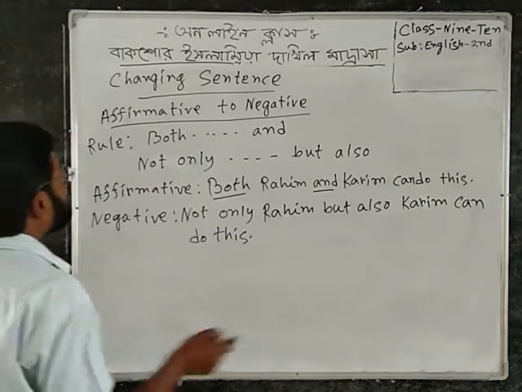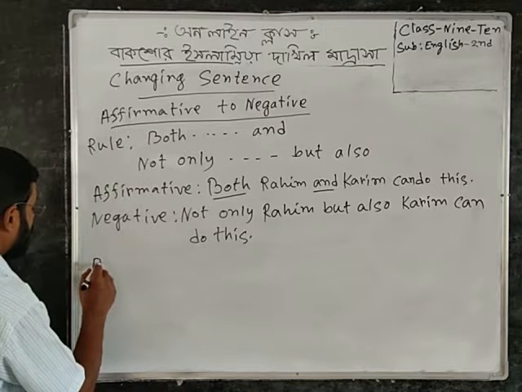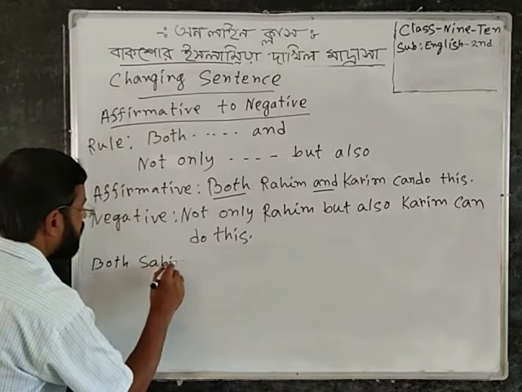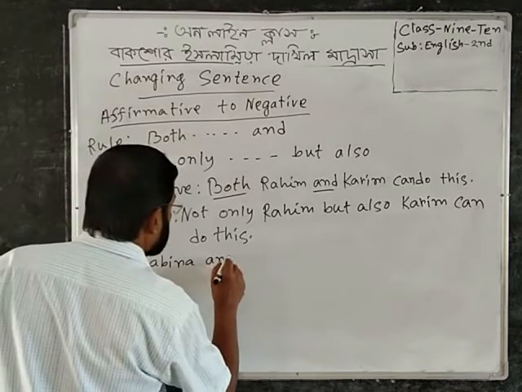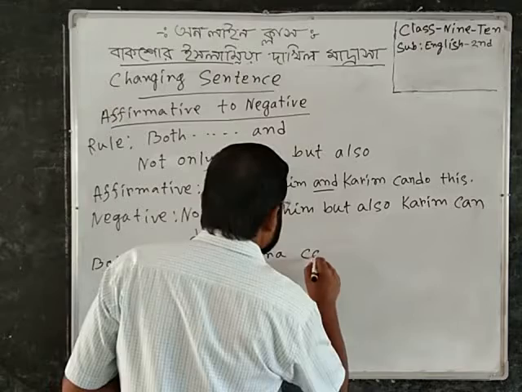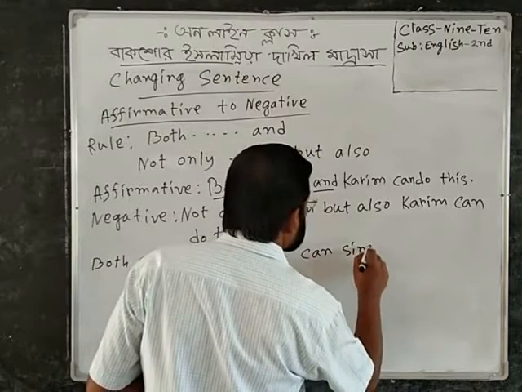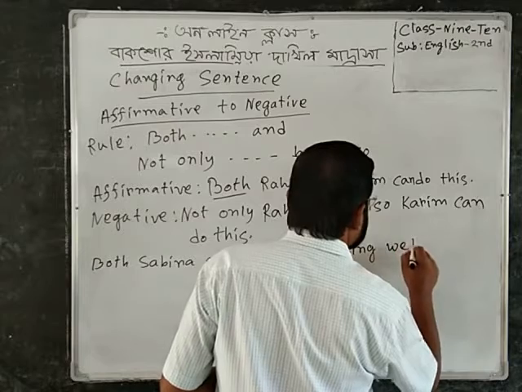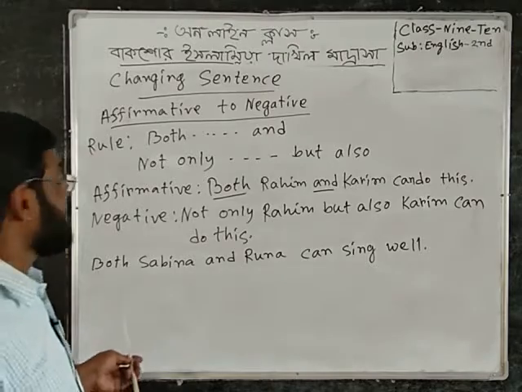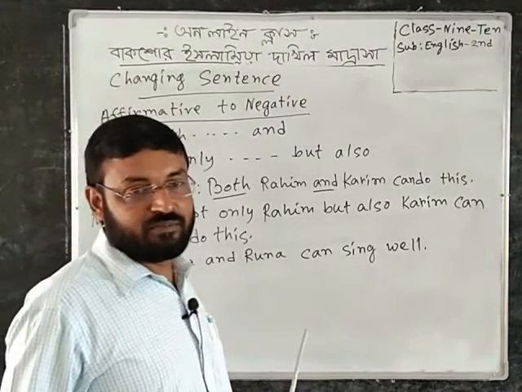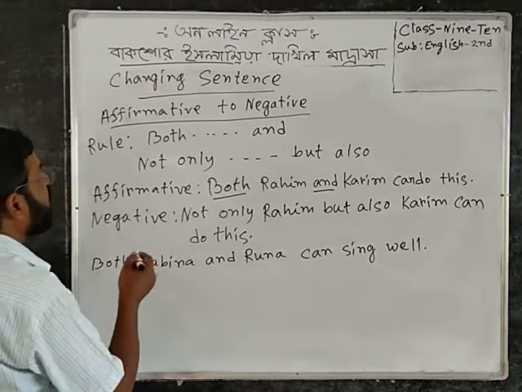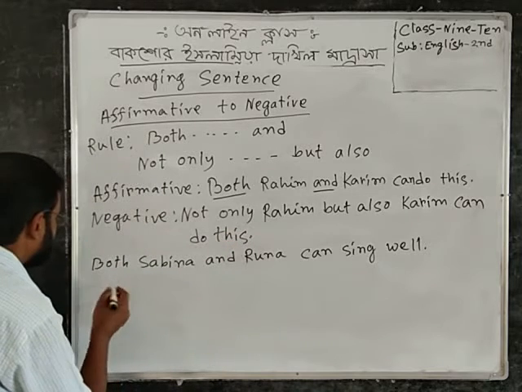Another example: both Sabina and Runa can sing well. Dear students, then how can we change it from affirmative into negative? Yes, the negative sentence is that we use not only but also.